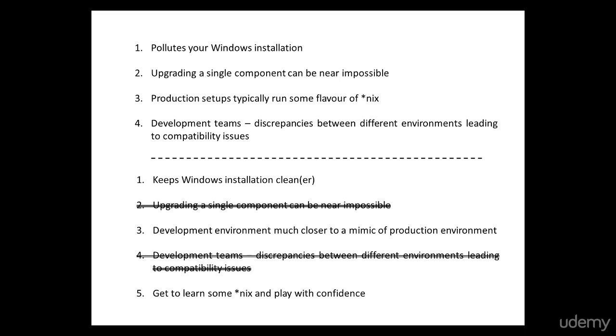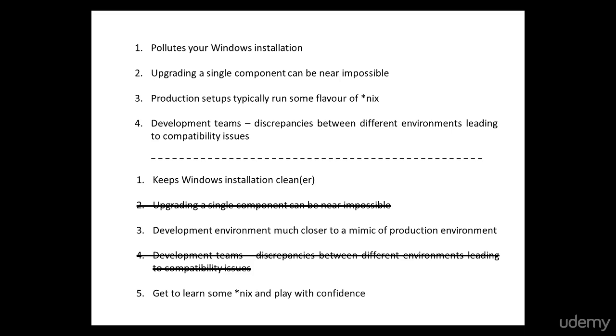Granted, we may be running CentOS in the data center, whilst our Homestead environment may be based on Ubuntu. But Ubuntu is far closer to CentOS than Windows is to CentOS. So we immediately create an environment where our development space is much more closely linked to what our ultimate production environment is going to look like.